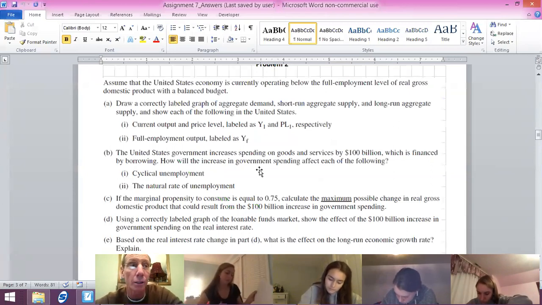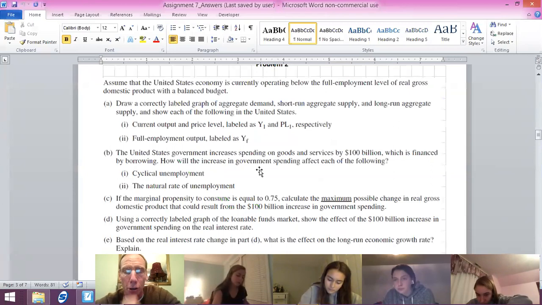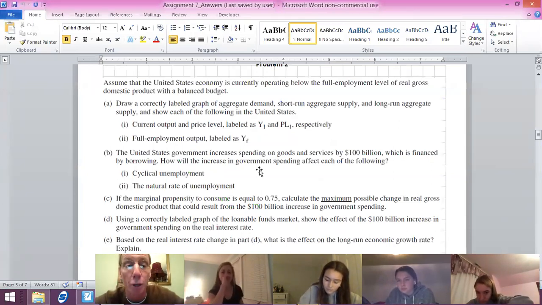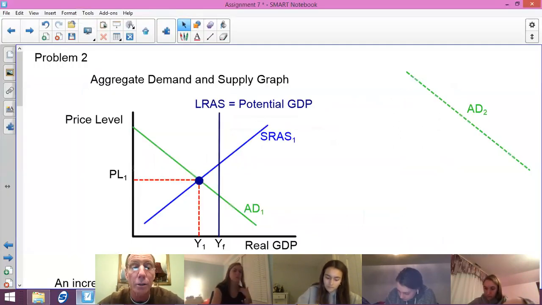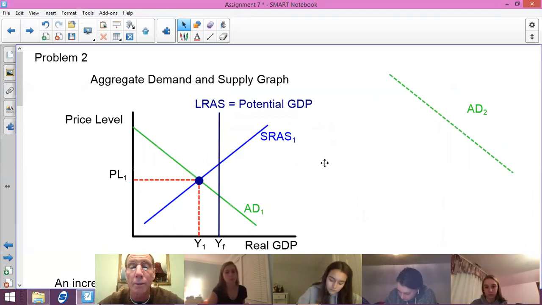How will the increase in government spending affect each of the following? Cyclical unemployment, the natural rate of unemployment. Well, when the government spends more money, we know that shifts the aggregate demand curve to the right.